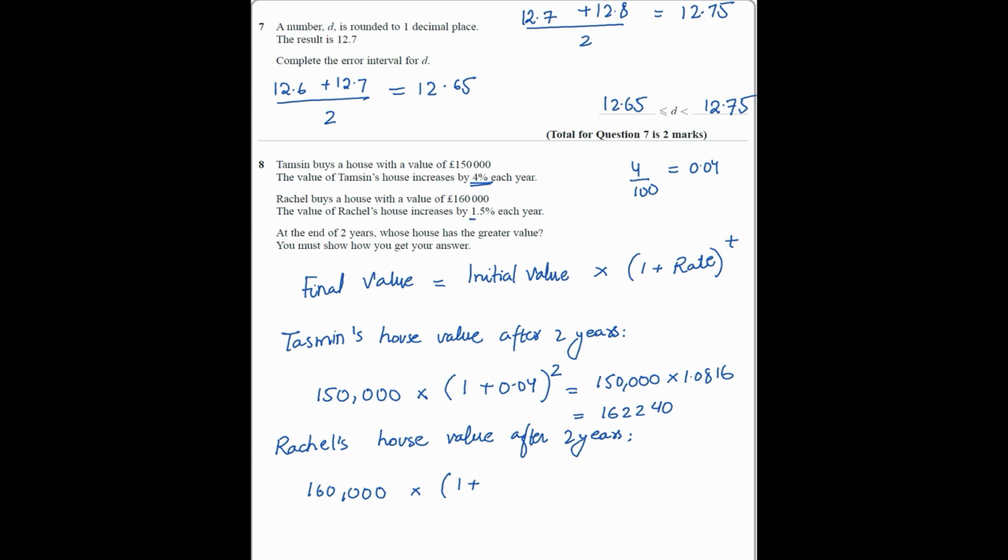Now it says 1.5%, and 1.5% means 1.5 over 100, which will give you 0.015. 100% is actually 1, because 100 over 100 is 1. So we have to add 1 plus 0.015 to the power of 2 again, and you can solve it directly in the calculator.